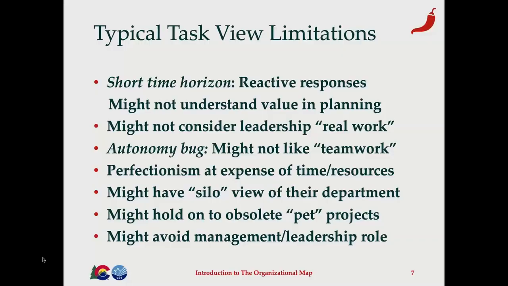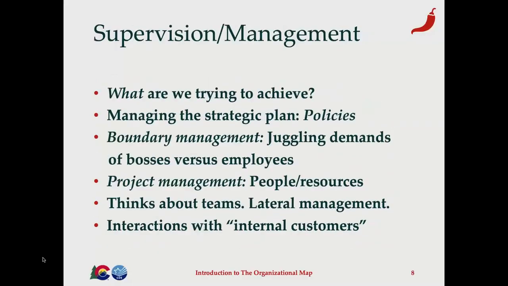These are the ones that we tend to notice when we're a supervisor or manager. So what's the difference between task orientation and supervision and management? Instead of focusing on the details, it's about what we are trying to achieve. In the same way that the task level is focused on procedures, at the management level we're thinking about policies. We also have to worry about something called boundary management.